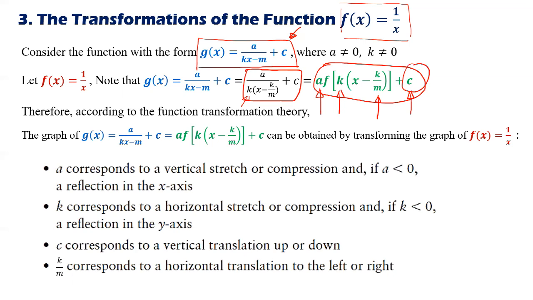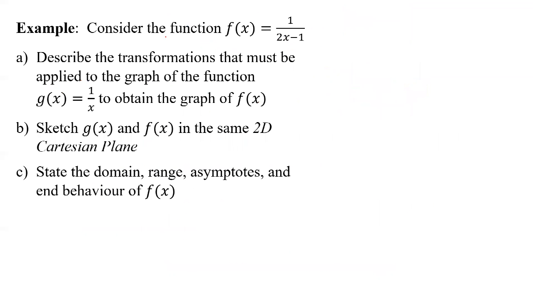Okay, so I hope you have a general concept of the transformation of the function f(x) equals 1 over x. So now let's have a look at an example to illustrate this concept. Consider the function f(x) equals 1 over 2x minus 1. There are three questions.